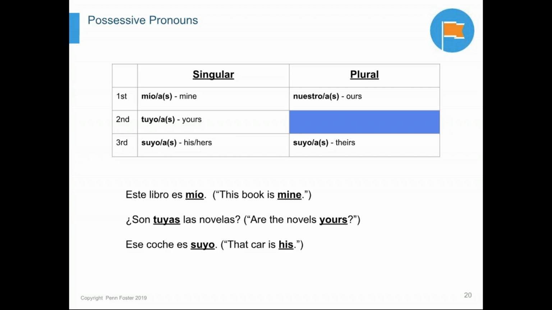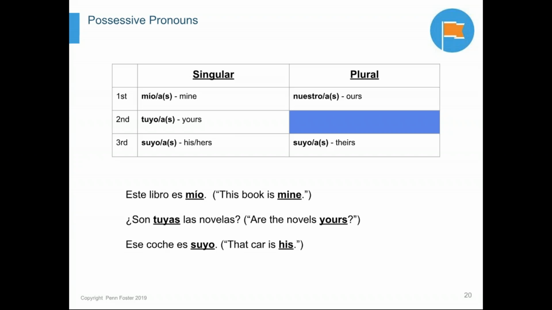So you can see that each of these boxes on this chart of possessive pronouns has number and gender. Number meaning they can be made plural with the S, and gender meaning they're either masculine with an O or feminine with an A. All right, and they're listed there with their English meanings as well, and a few examples down below.